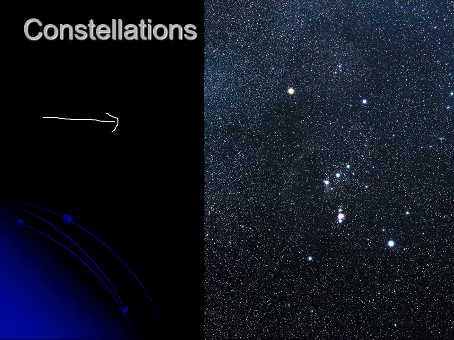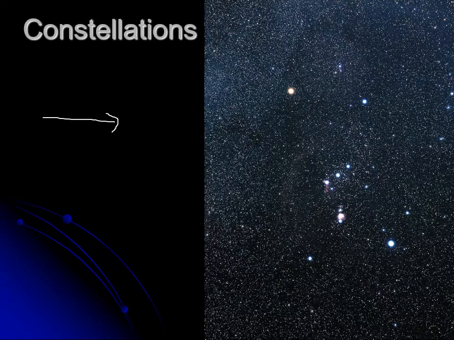And so you see these groups of stars, and if you look at this picture right here, a lot of people recognize that as Orion the Hunter. Now, Orion is actually a constellation that dates all the way back to the ancient Greeks.